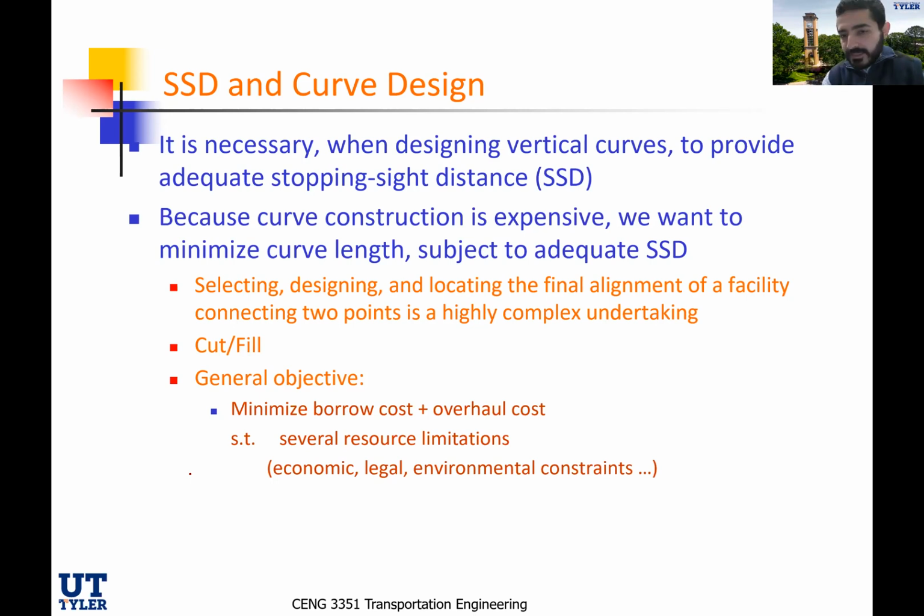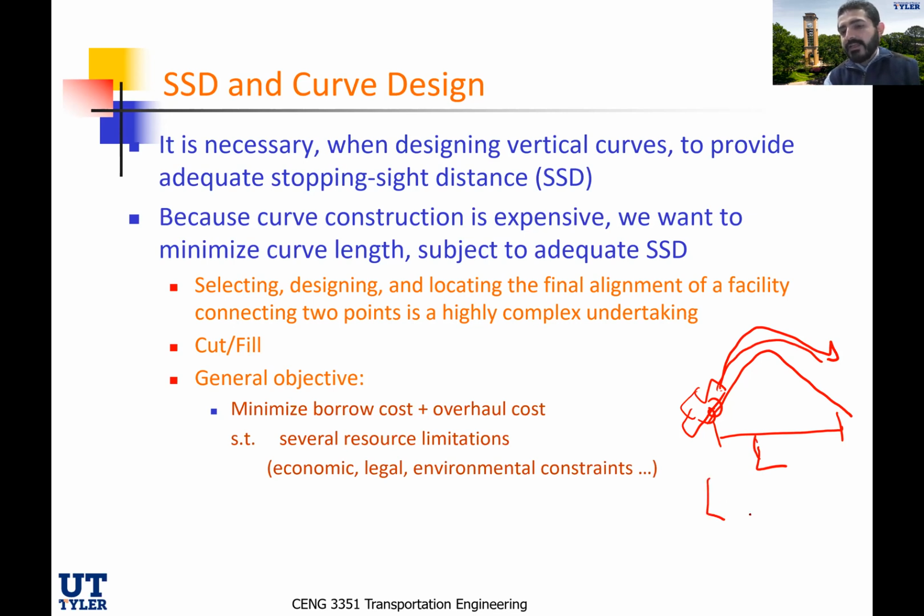For example, if I'm going upward in this curvature right here, so the car is going upward, it's very steep, I'm going this way, the L is small, but I don't have enough sight distance. Sometimes even the L, if the L is less than the stopping sight distance, that's a problem.